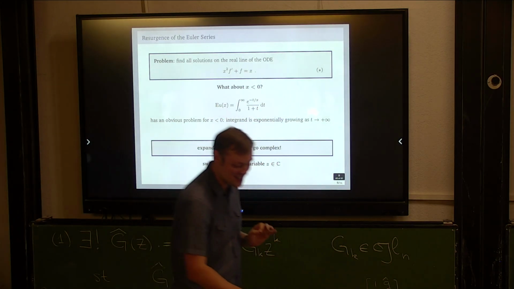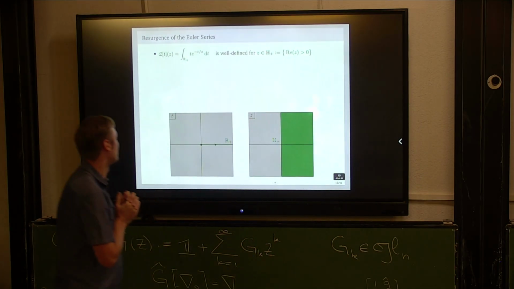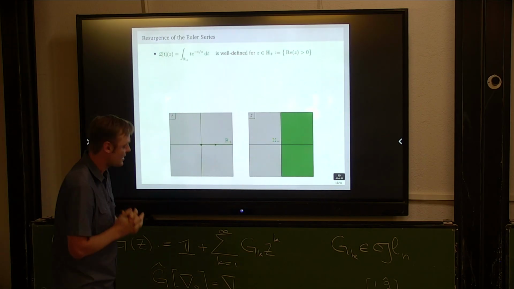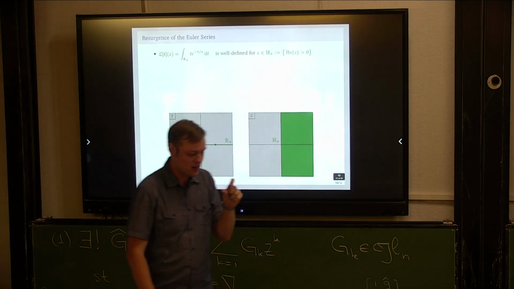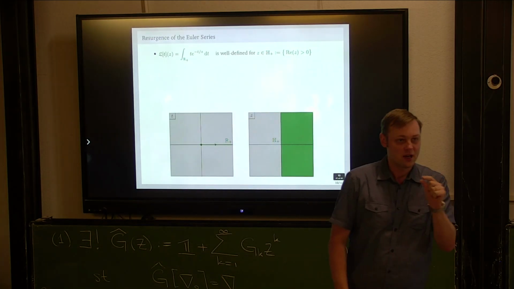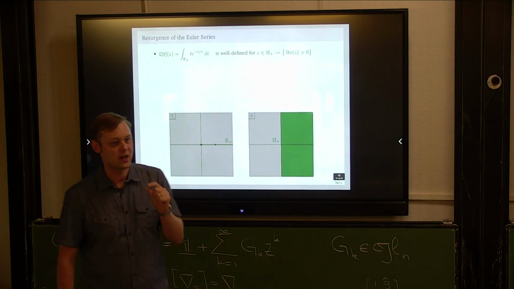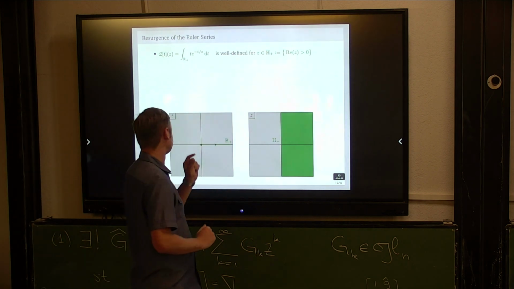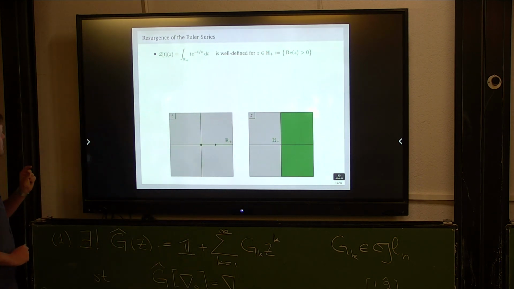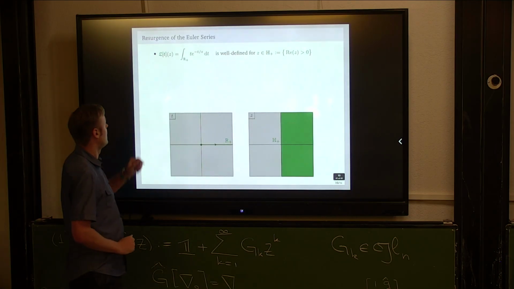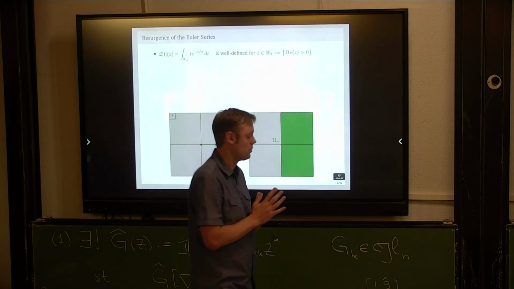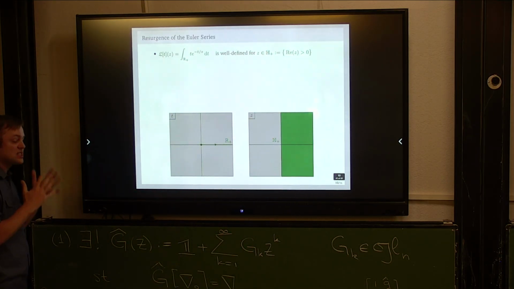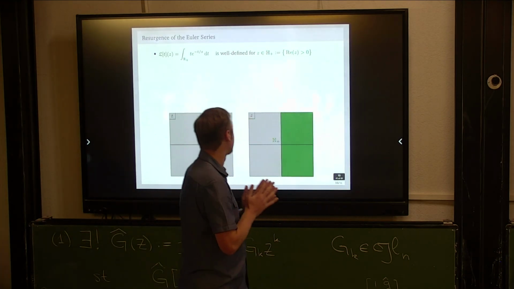So now we're expanding our worldview to the complex plane, and in particular, remember the trick. The start of the trick was to recognize that the monomial x was the Laplace transform of the constant function 1. We can restate that trick now in complex variables.